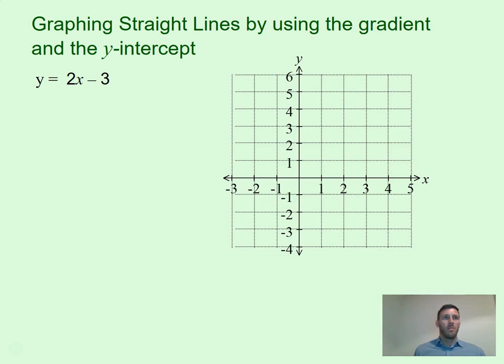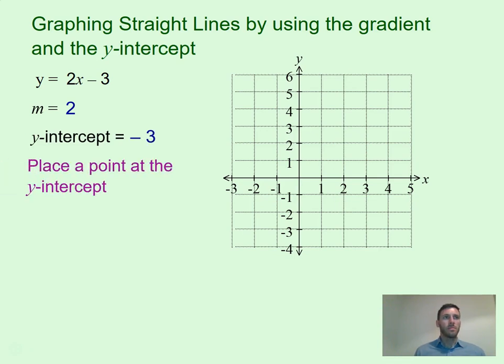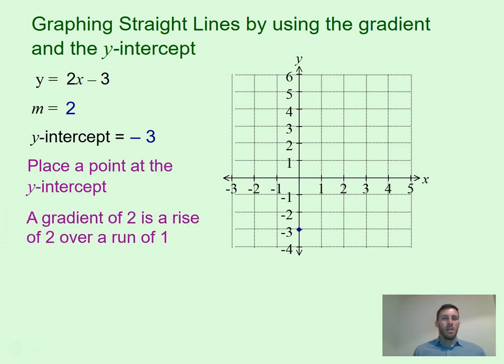Now we identify the equations in the gradient-intercept form. This tells us that we're going to use the slope and the y-intercept to plot the line. So we've got the slope, which is 2, and the y-intercept, which is -3. You place a point on the y-intercept, and then you use the slope to plot your next point.